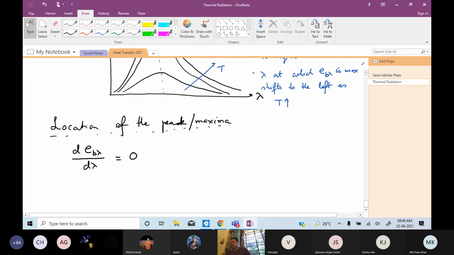I mean, E_b lambda is a complex expression. If you substitute C2 by lambda T as a different variable like y, then you can go to a certain level and you get an expression: e to the power y times (5 minus y) minus 5 equal to 0.